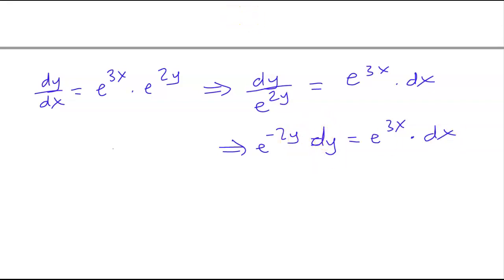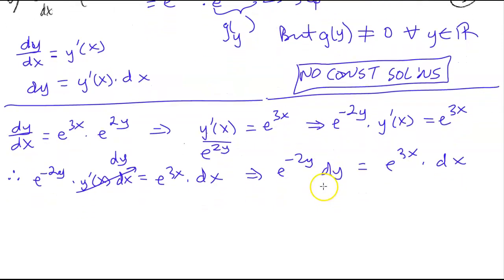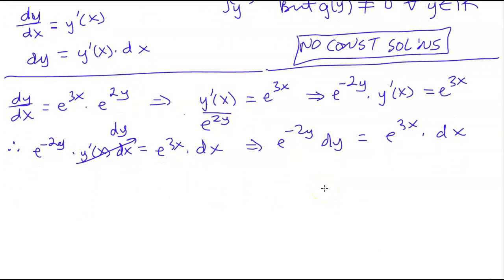Okay. All right. So from here, all we really need to do is take the indefinite integral or antiderivative of both sides. Of course, this is going to follow the substitution rule.